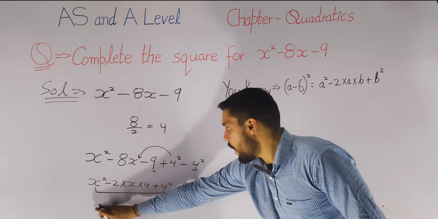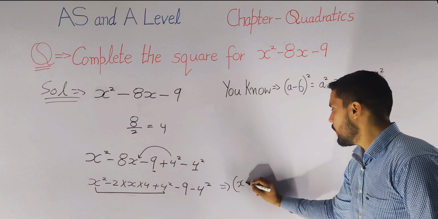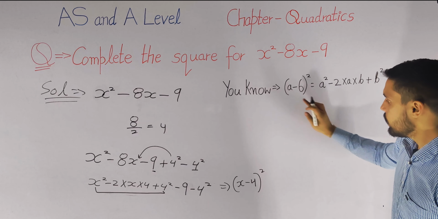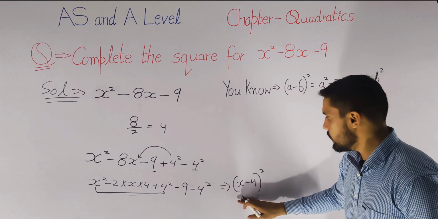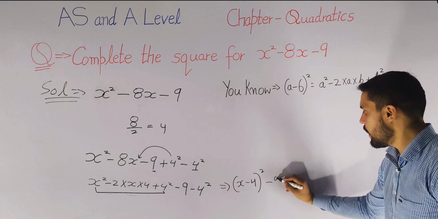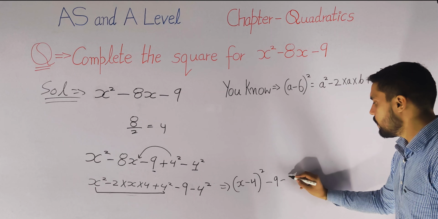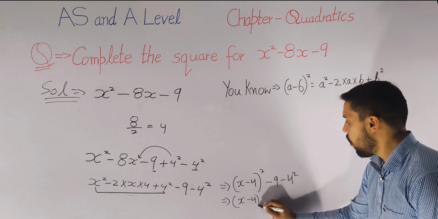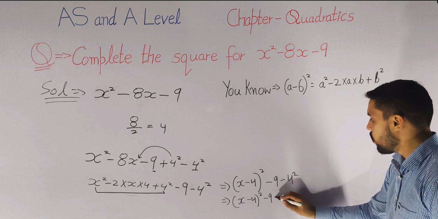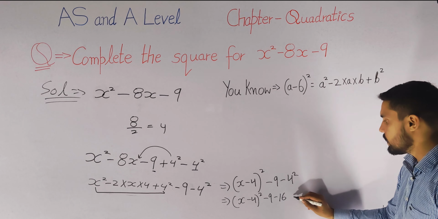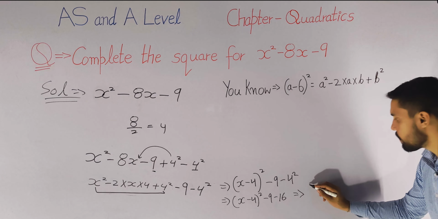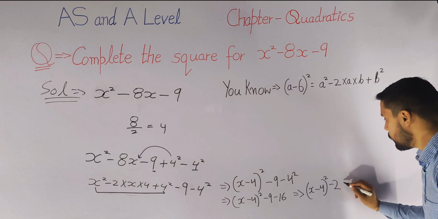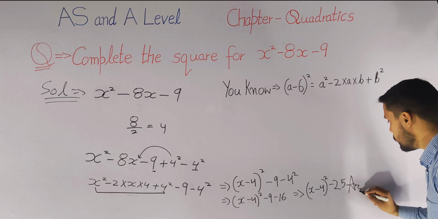So you can write this as (x negative 4) whole square, and write negative 9 as it is and negative 4 square as it is. Further, you will get (x negative 4) whole square, negative 9 and 4 square is equal to negative 16, and your final answer is (x negative 4) whole square negative 25, and this is your answer.